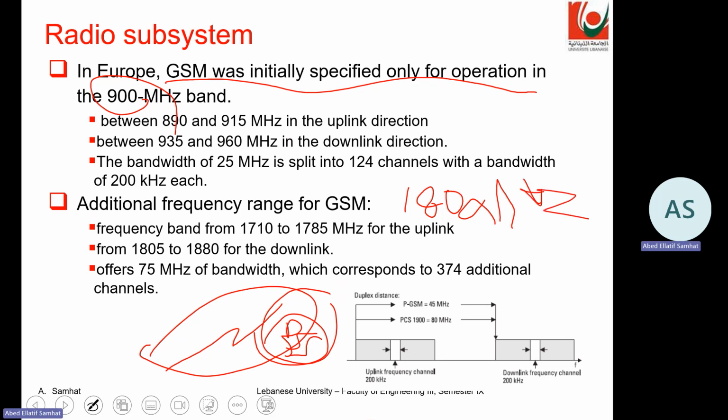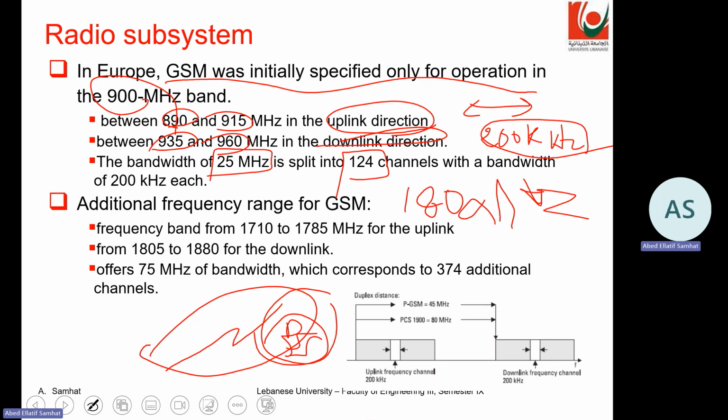For 900 megahertz, we have the uplink direction from 890 and the downlink direction from 935 to 960 megahertz. Typically it's a bandwidth of 25 megahertz. You split it into 124 channels. The bandwidth of each channel is 200 kilohertz.